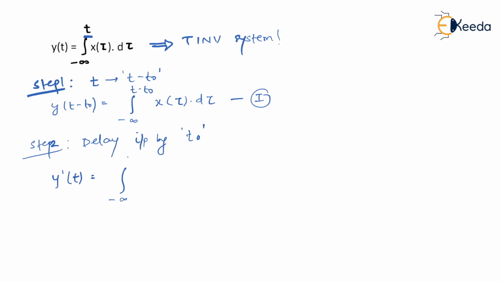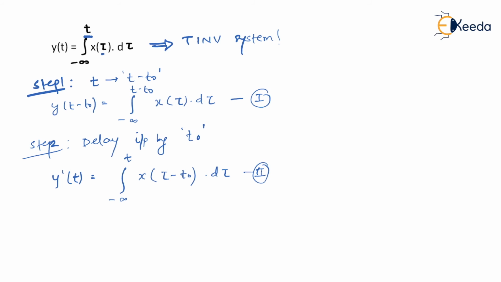Lower limit and upper limit are not going to change because you don't have to really replace t with t minus t naught. You have to only delay input by t naught. So you know that what we used to do will be following the same. You have to only check what is argument of x and just subtract t naught from the given argument content. So it becomes x of tau minus t naught d tau. Is that right? And now it becomes equation number 2.